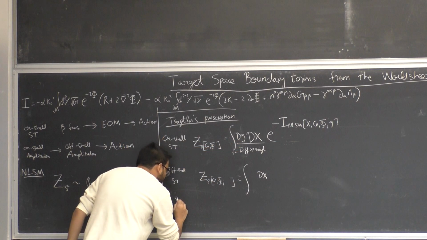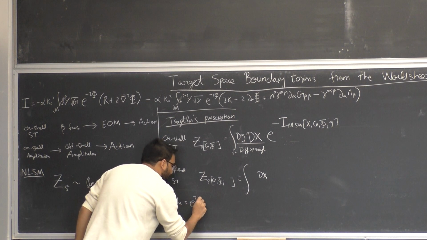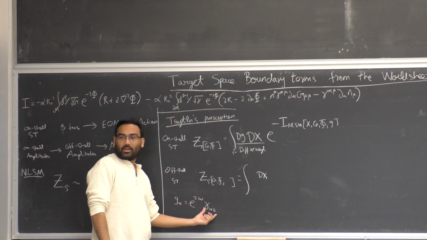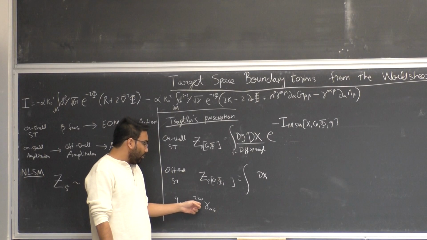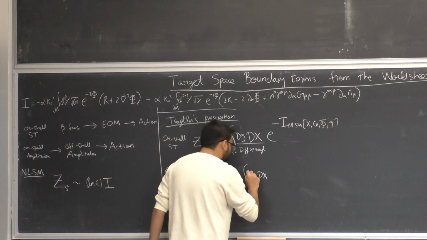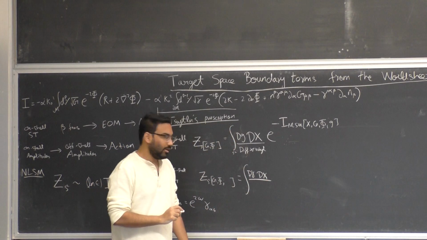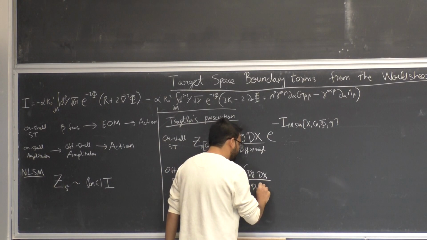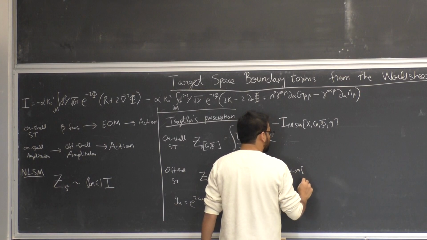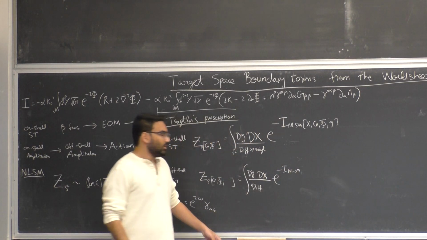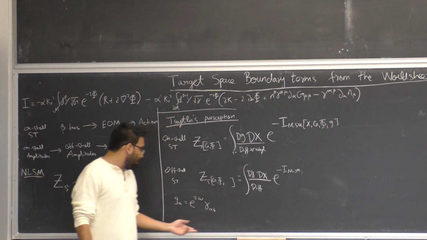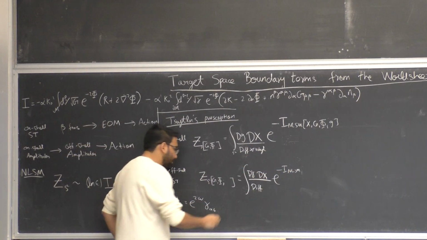You can take a metric and write it as e to the 2 omega times the conformal factor, and you're only going to integrate over the conformal class of the metric. No more Weyl symmetry. Only going to mod it out by the diff, weighted with the same action. Same thing. So now, as a result, this quantity will also depend on the conformal factor. So the left hand side also depends on the conformal factor.